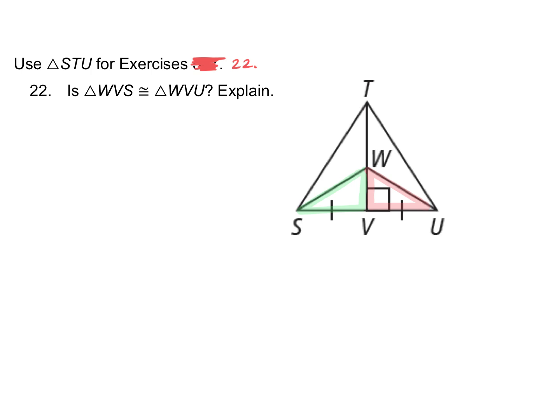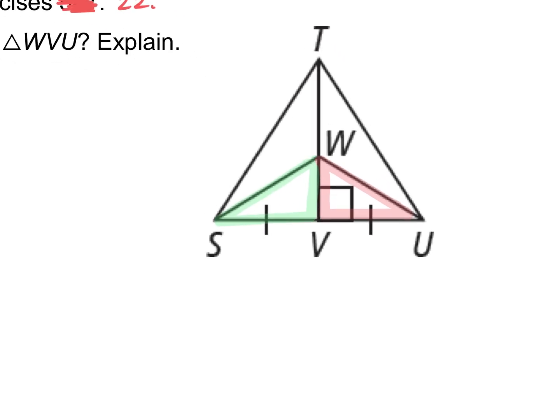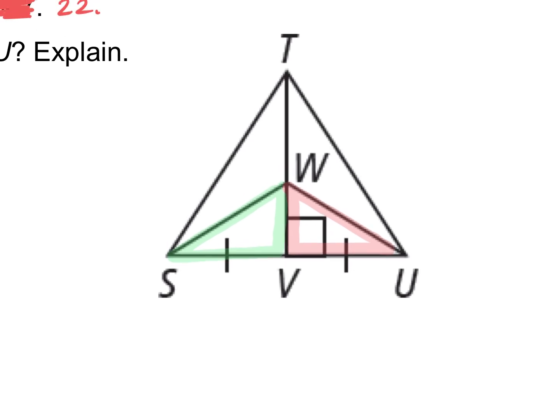Let's see if we have enough congruencies to use one of our triangle congruence theorems. So first thing I noticed right away is our right angle. So right angle, straight line, which means these two are a linear pair. They'll add up to 180. So if we have a right angle here, that means there is a right angle there. It's just unmarked.